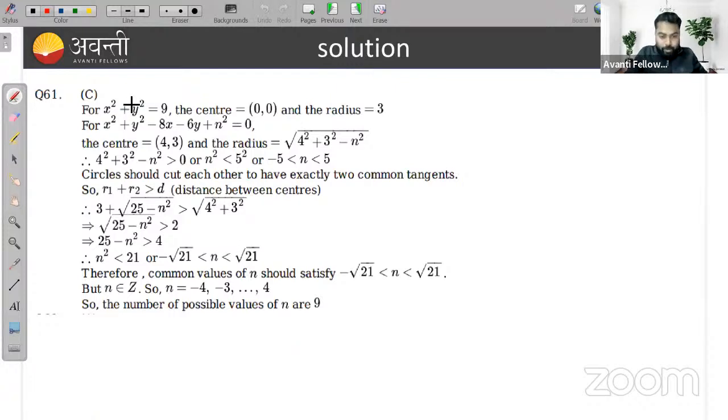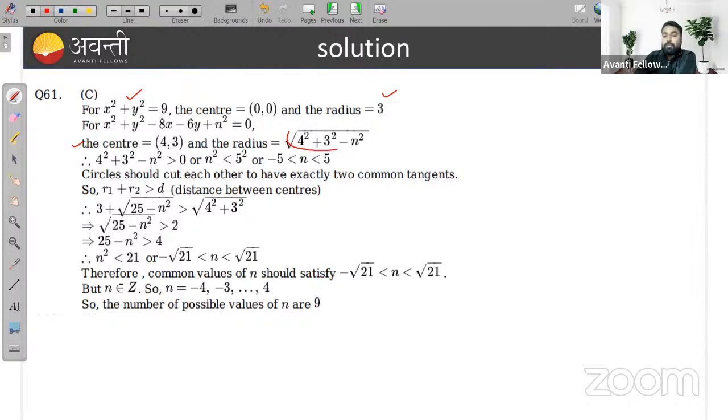Okay. So the first circle has the center 0, 0 and radius 3, and the second circle has the center 4, 3, because here minus of minus 4 is 4 and minus of minus 3 is 3. So in the second circle the center is 4, 3 and the radius is under root of 4 square plus 3 square minus n square.